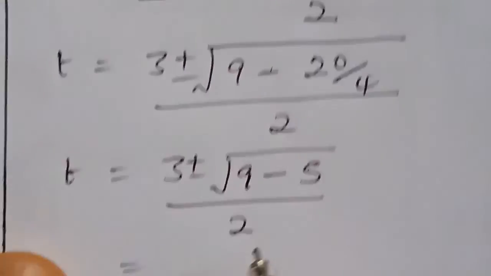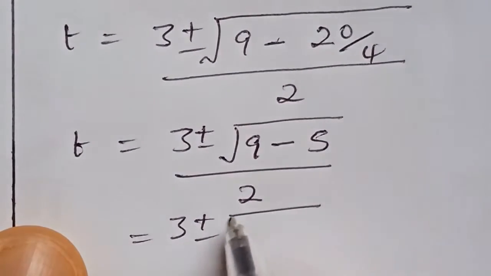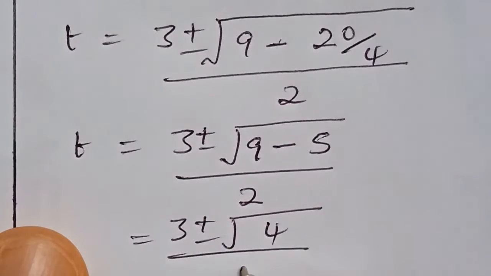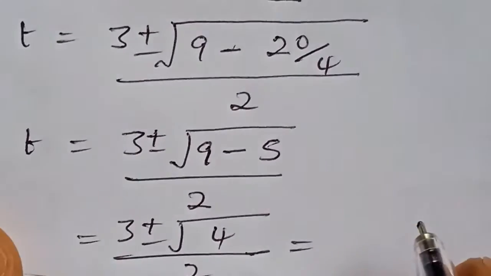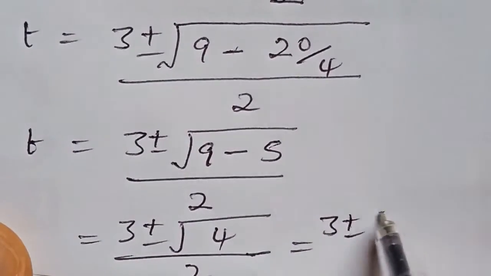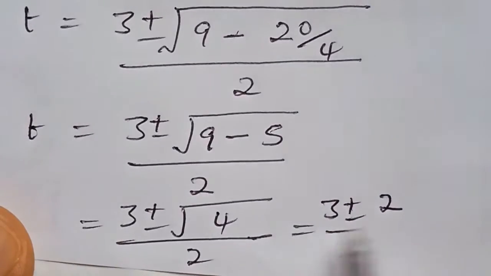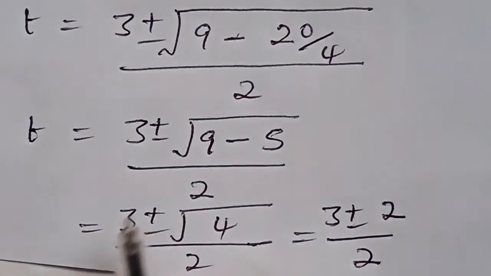This gives us 3 plus or minus square root of 9 minus 5, we have 4, over 2, and that will be equal to 3 plus or minus 2, that's square root of 4, we have 2, everything over 2, which is going to be our value of t.